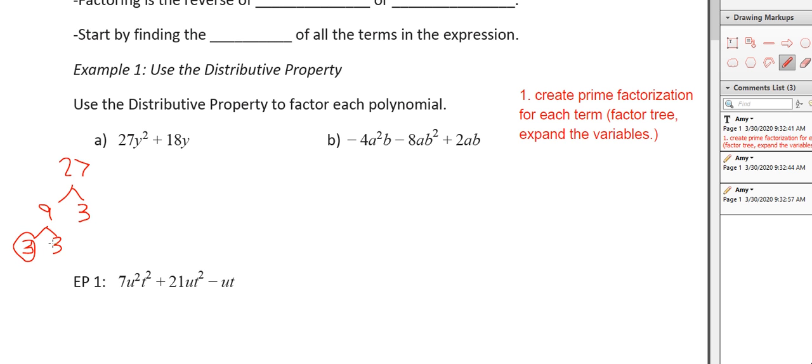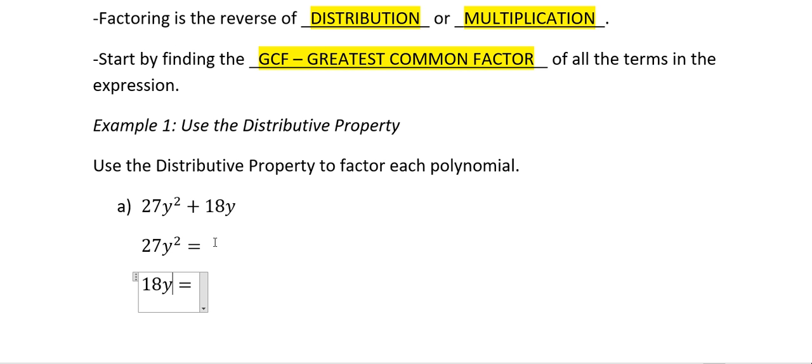So my factorization has three 3's. 27 will be 3 times 3 times 3, and then we have to expand our variables. How many variables do I have? I have a y, and y squared means I have 2, so y times y.